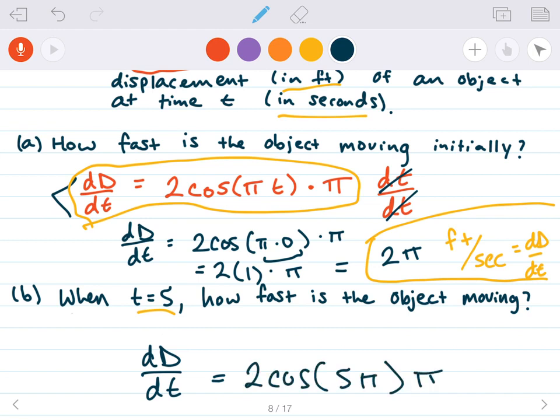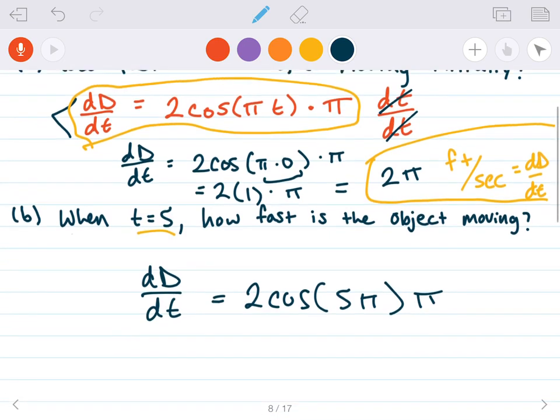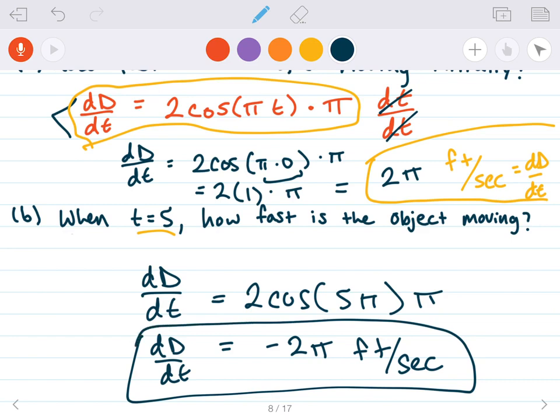Well, the cosine of 5 pi, that's an odd multiple of pi. The cosine of pi is -1. So what we're going to end up getting here is negative 2 pi. And again, our units are going to be feet per second. So this is my dd dt, the change in displacement with respect to time in that case.